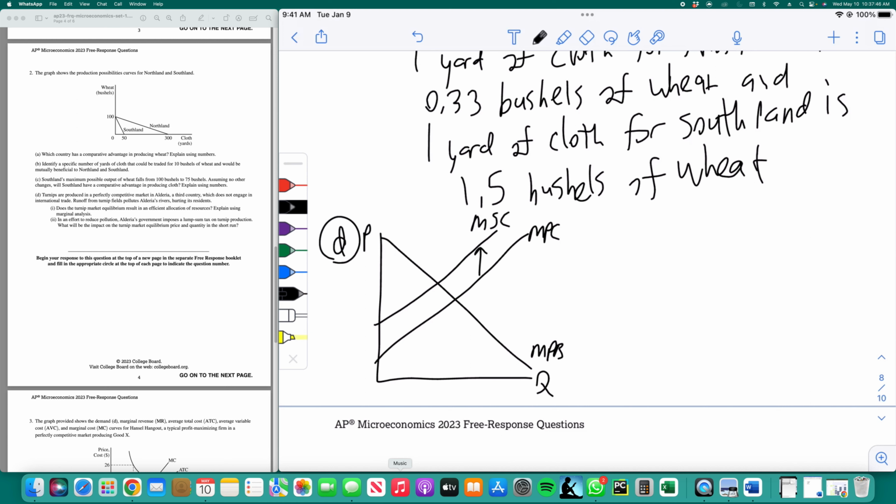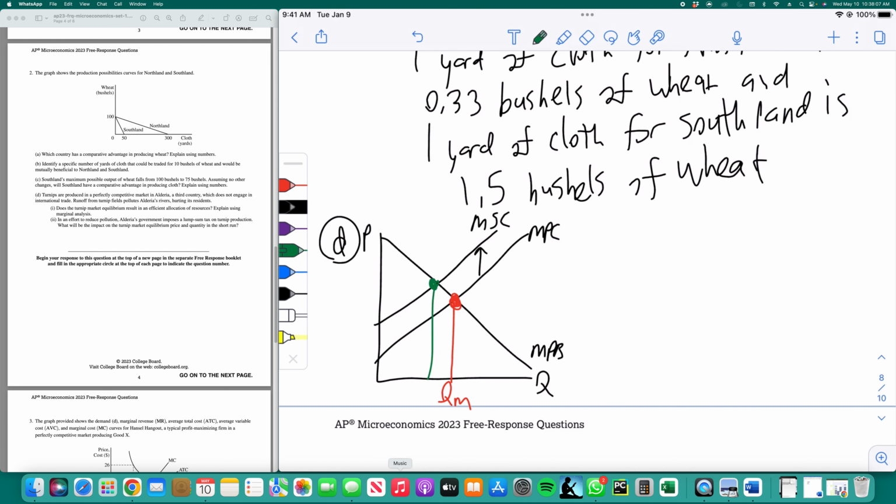So the extra cost is the pollution. The market will always do the private benefits, private cost, so QM. However, this is what the market does. Is this efficient? No, that is not efficient.